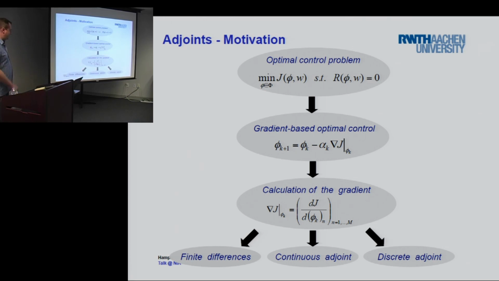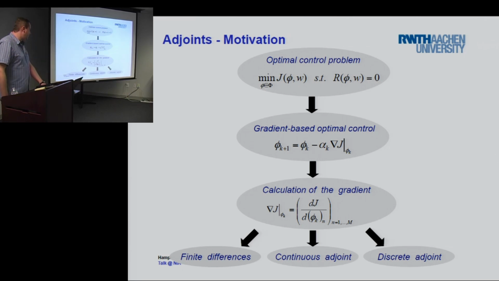And here you have several methods available, finite difference-based, if you do this in real or complex step, doesn't matter, or adjoint-based approaches. So the choice here is for sure adjoint-based approaches, because then you are independent with respect to numerical effort.